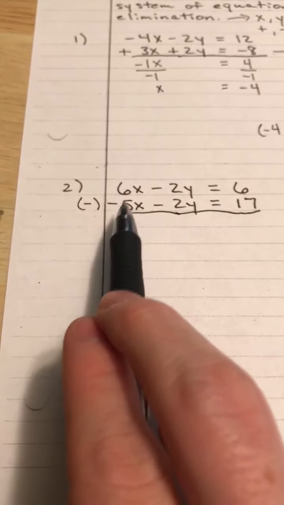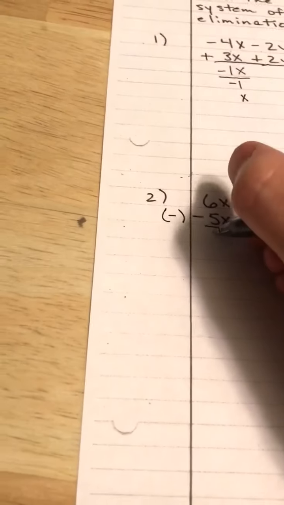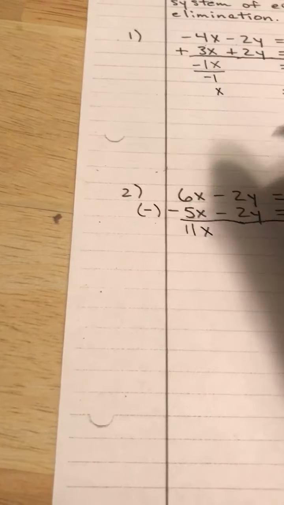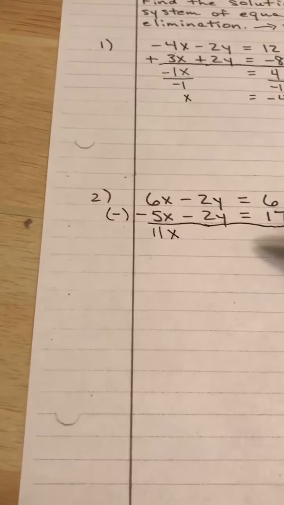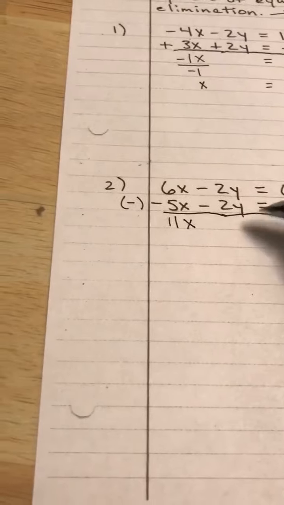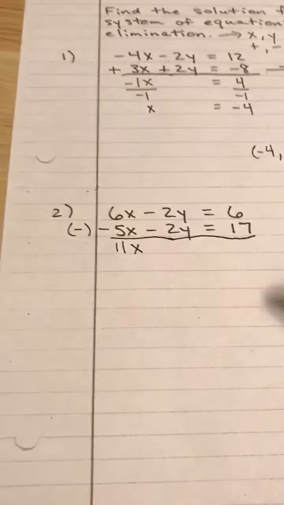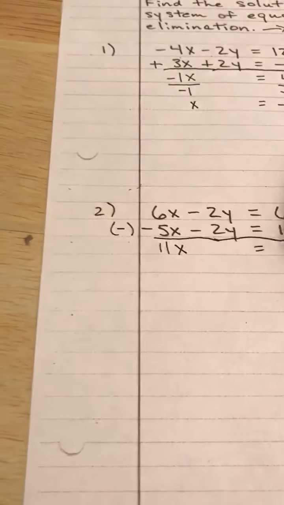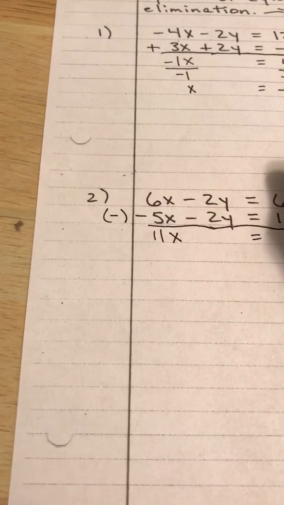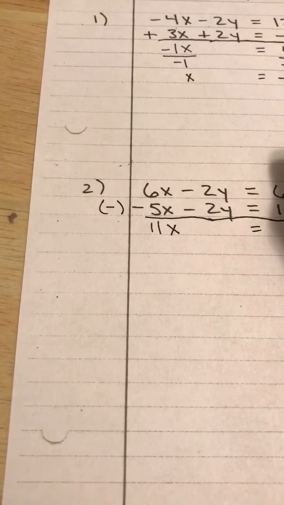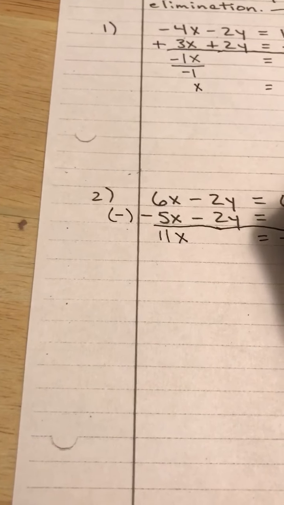For the x's, we know that 6 minus negative 5 is actually going to give me positive 11. Negative 2y minus negative 2y, that's going to give me 0y, so I don't have to write it, just like we did last time. And then 6 minus 17 is going to give me negative 11.